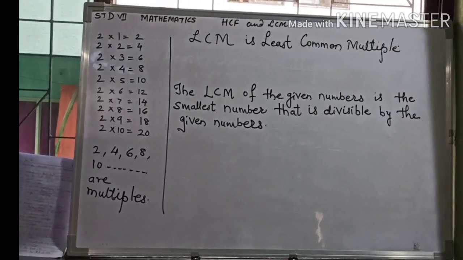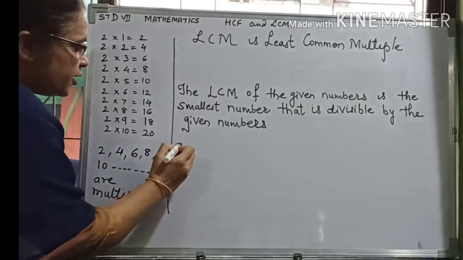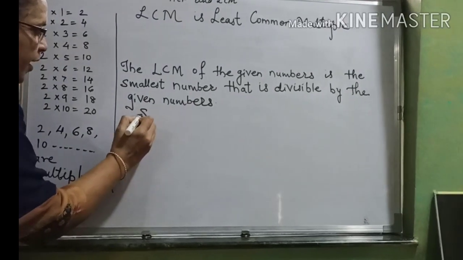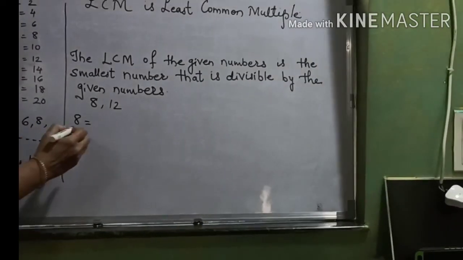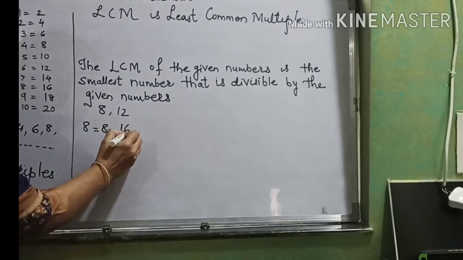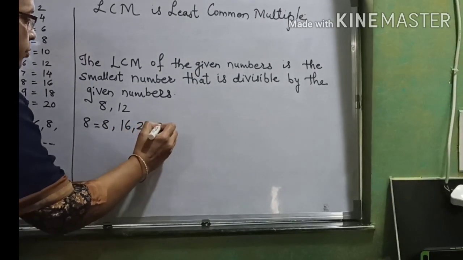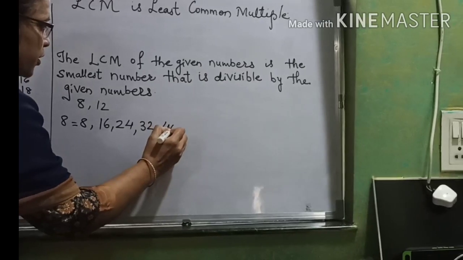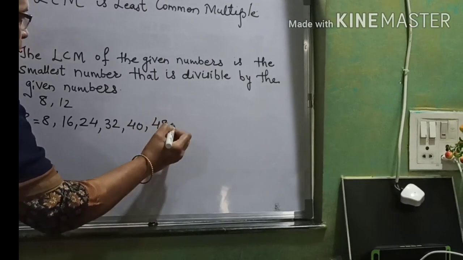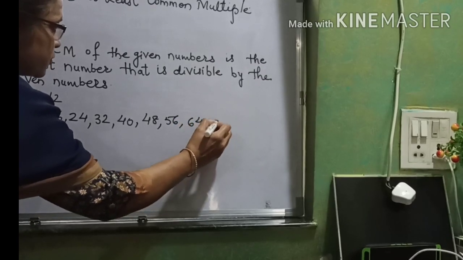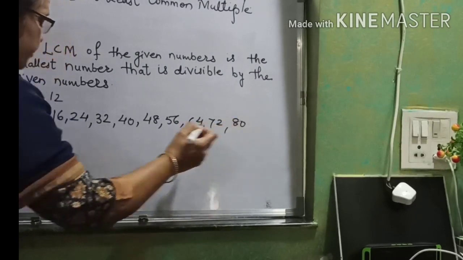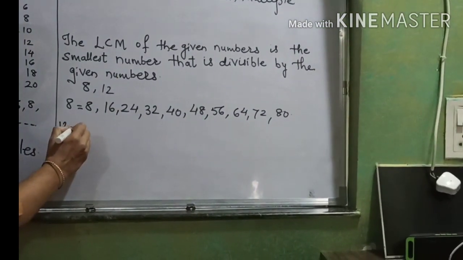So let us take one example by writing the table of 8 and 12. Suppose we write the table of 8. We will be writing the table of 12.